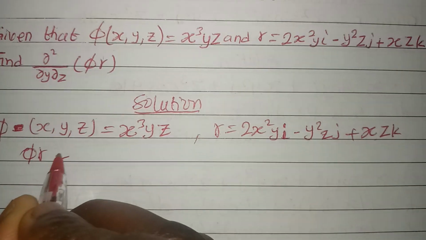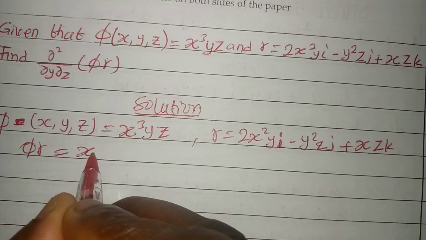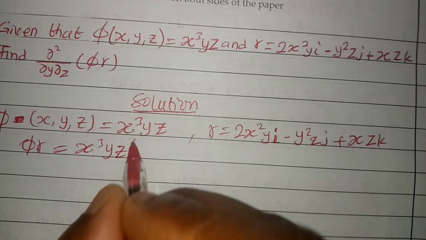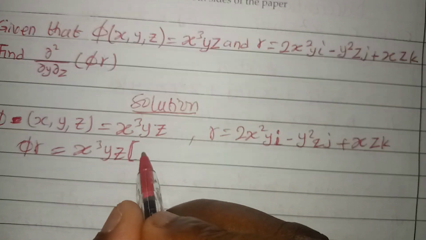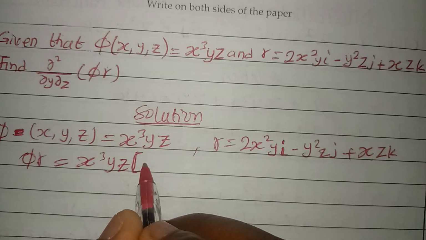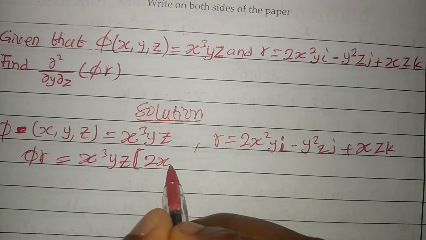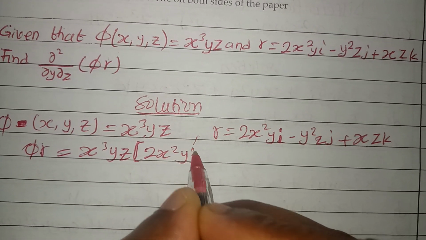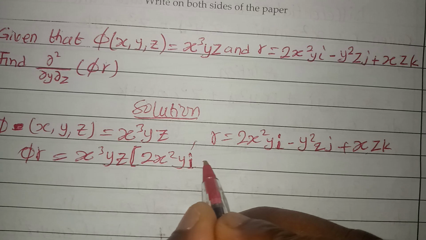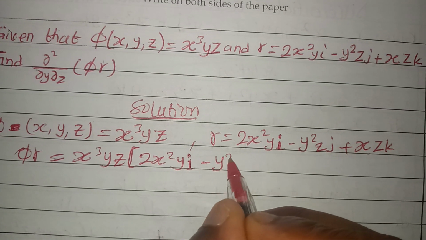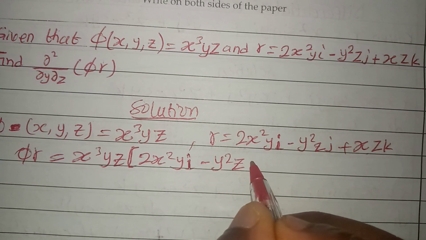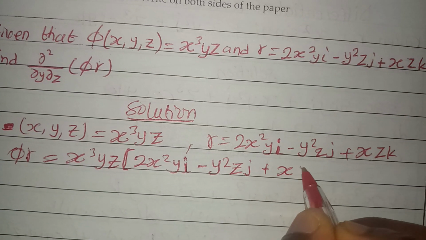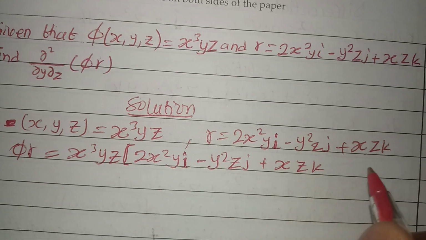So that will be x cubed y z multiplying with everything here: 2x squared y i, then minus y squared z j plus xz k.